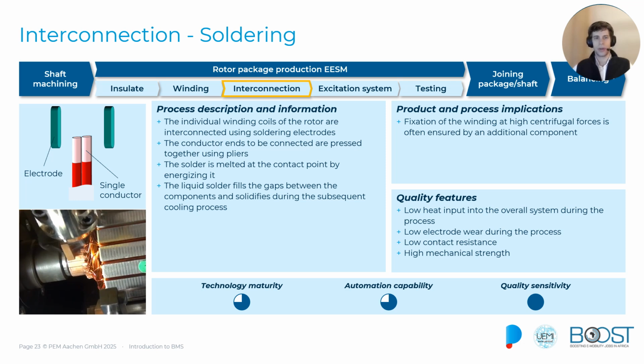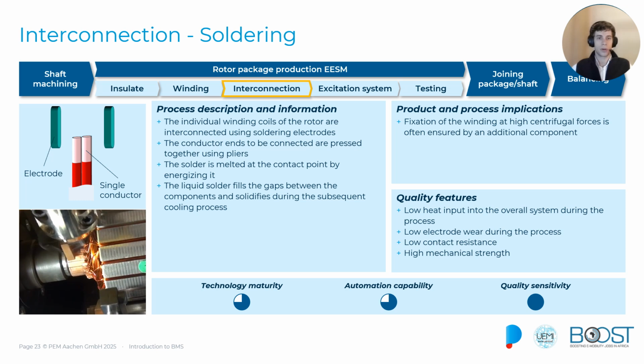Next step is the interconnection of the coils, for example by soldering. Soldering involves joining wires and components by using a solder, a metal alloy. The process begins by cleaning the surface to ensure good adhesion. Then the soldering iron heats the solder until it melts.